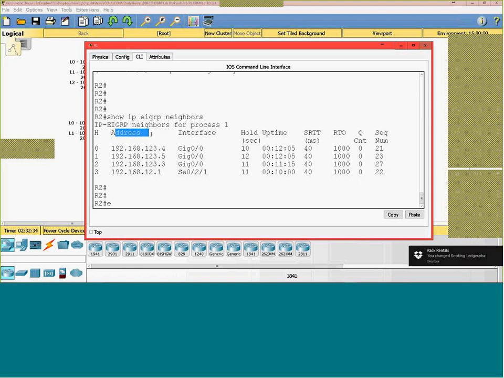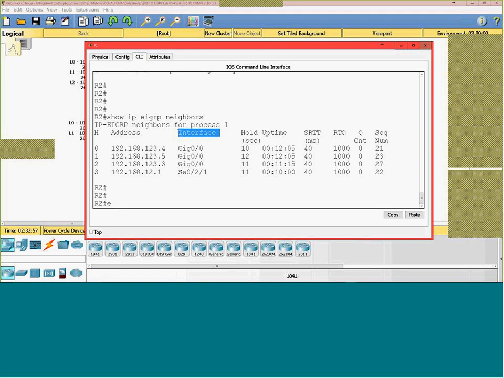The interface column represents the interface that I go out of to reach that neighbor. So both of those columns are very useful because from a routing perspective, they represent the next hop address and the exit interface.